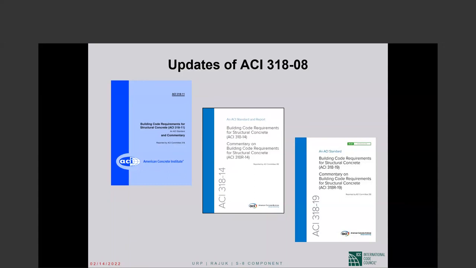But what used to be chapter 21 became chapter 18 in ACI 318-14. And today I mention it specifically because as far as special shear wall detailing is concerned, very major changes were made in 318-14 directly in response to the Chile earthquake of 2011.